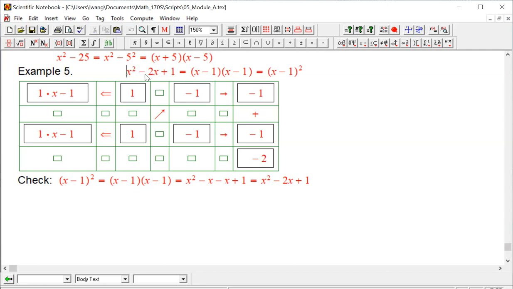So if you recognize this is a perfect square, you might be reminded of these two formulas, which is a squared plus 2ab plus b squared, right? And the other one is a squared minus 2ab plus b squared.